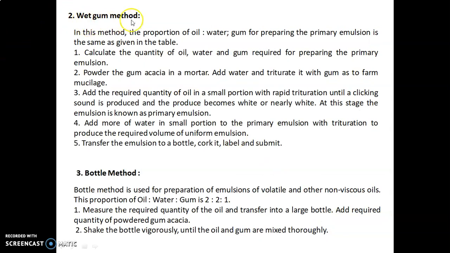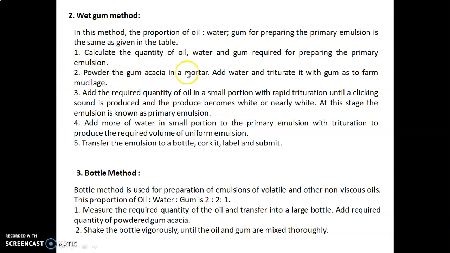Then the wet gum method, the second method of preparation of emulsion. In this method, the proportion of oil to water to gum for preparing the primary emulsion is the same as given in the table. First, calculate the quantity of oil, water and gum required for preparing the primary emulsion.